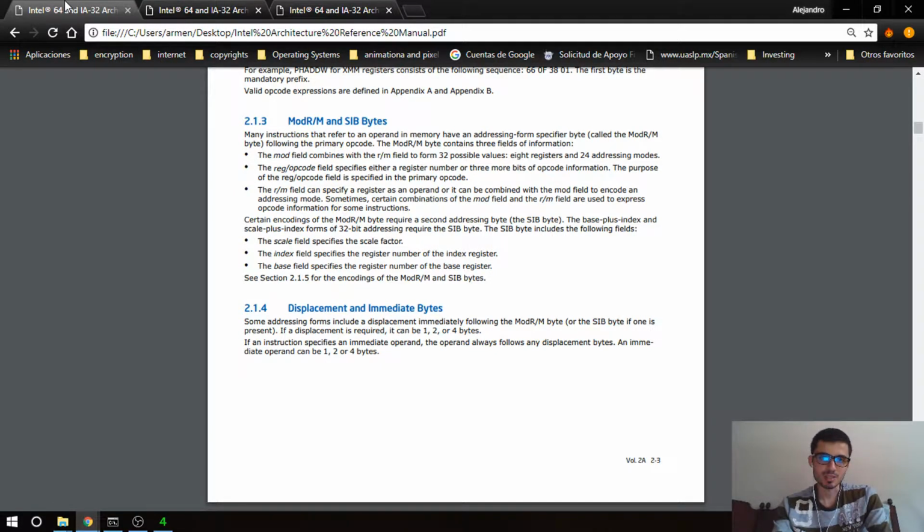And scale plus index is more like probably a table or a string, something that's dynamic, that you have to move with the scale a little bit more, or you want to be moving, let's say, by chunks of memory, probably.